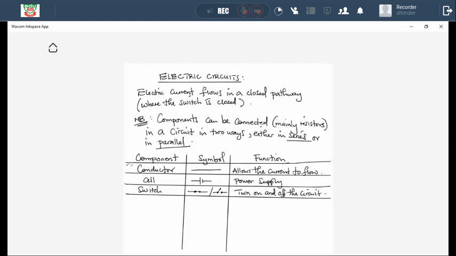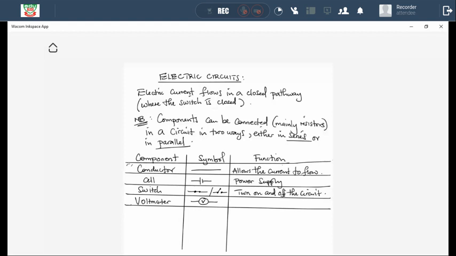Another component that we must look at, which is also very important in our electric circuits, we cannot move forward without it. We have a component known as a voltmeter, right? Now, what is the symbol for a voltmeter? It is a circle with a V inside. What is the function of a voltmeter?